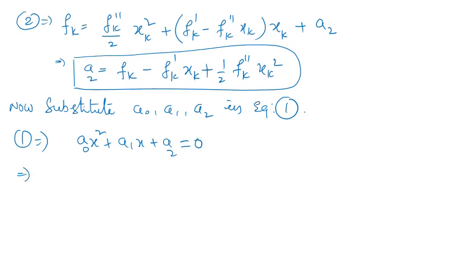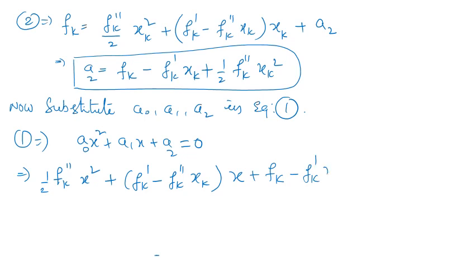Substituting, a0 is 1 by 2 fk double dash x square, plus a1 which is fk dash minus fk double dash xk into x, plus a2 which is fk minus fk dash xk plus 1 by 2 fk double dash xk square, equal to 0.